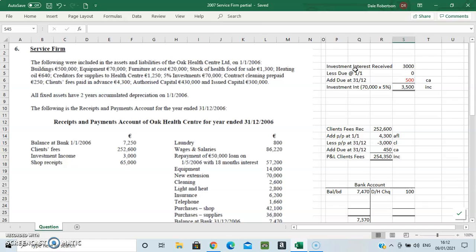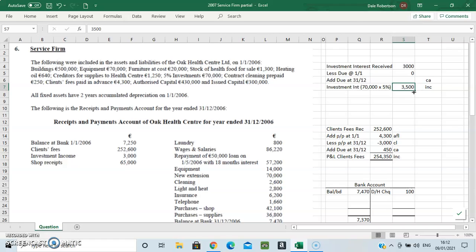So over here, what I did was I looked at how much I have received in the bank. Now I use these same rules that we've learned from club accounts. You take away anything due at the start. If that was there, it would have been informed in the top sentence. Then you may have something due at the end. We think we will, because when you go to the actual investment interest, 70,000 by 5% should yield you 3,500.